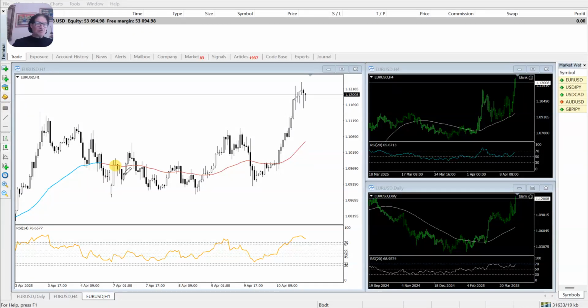Price did close below the EMA. It then opened up above, it then closed above the EMA, signaling a breakthrough. So under the original setup, the beginner setup, we would have entered a buy position. But this didn't go very far.